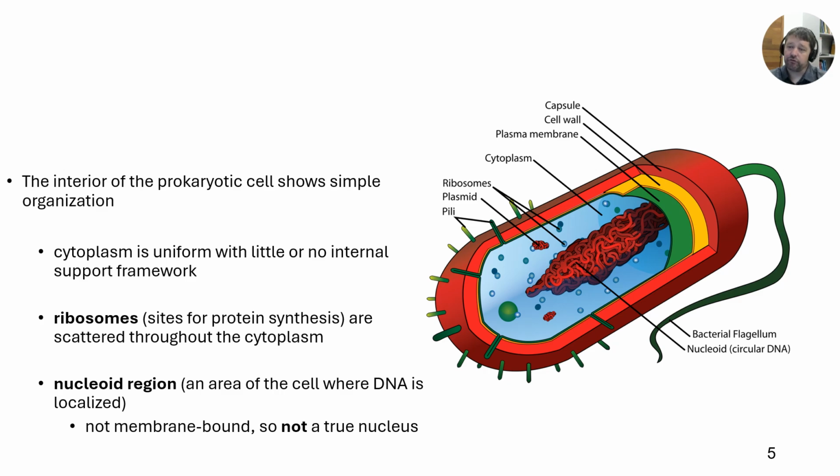plasmids, which is another circular chunk of DNA, but much smaller. And plasmids are fairly unique in the fact that plasmids can determine function of the organism in extreme environments.